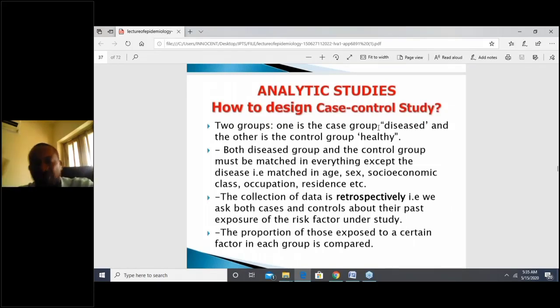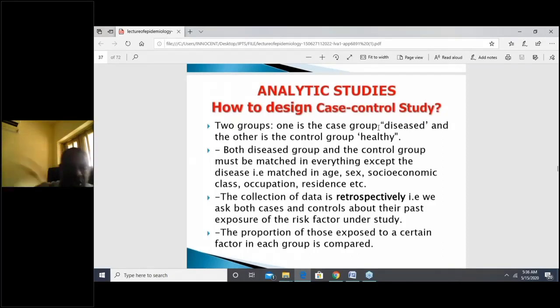If you are looking at conducting it for male, both the case study and the control group should be male. If you are looking at conducting it for everybody, okay, then you are going to mix it. So this is the case study group where we are trying to study this disease, and this is the healthy group, okay. Then the next thing is the collection of data is retrospective.